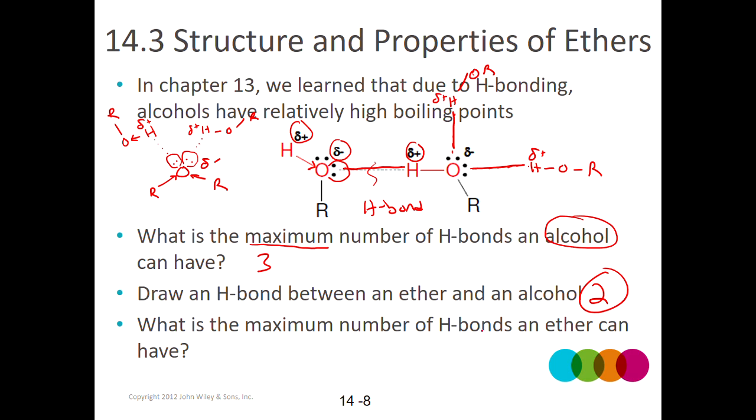The maximum number of hydrogen bonds an ether can have is 2, unless it's in a pure form. If it's pure, then the number is 0, as we said. If the ether is only surrounded by identical molecules of an ether, it can't hydrogen bond to other molecules because there's no hydrogen anywhere with a large partial positive.